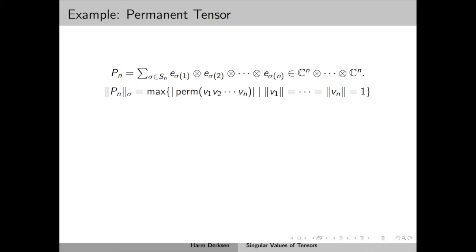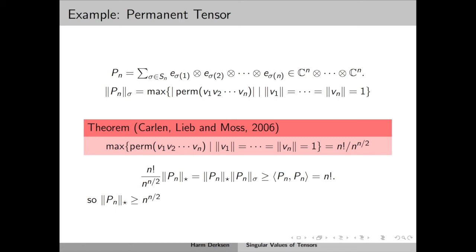Well, you get the maximum permanent if this whole matrix has the same entries, namely 1 over square root n. And that's a theorem by these three people. So the maximum is n factorial over n to the power n over 2. That's exactly when all these v_i's are the same.